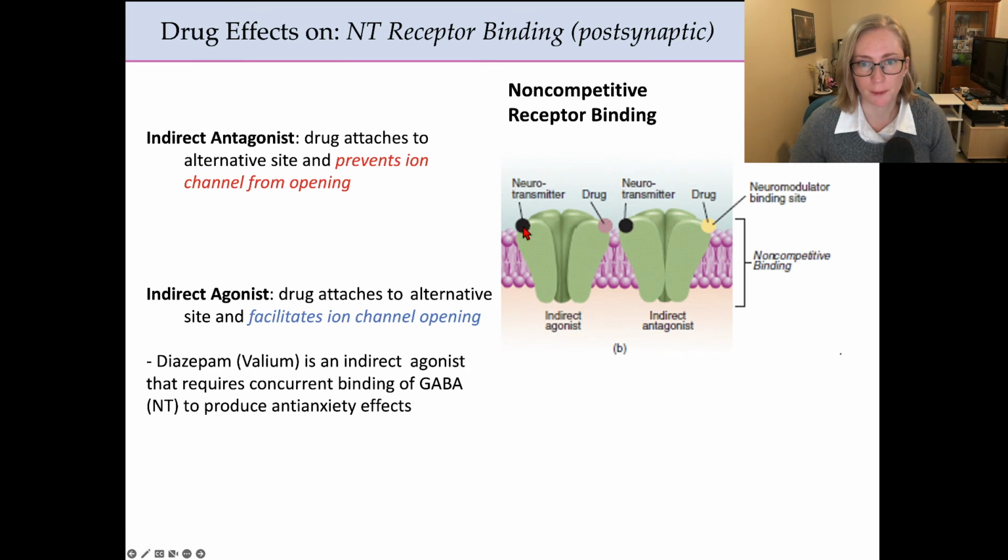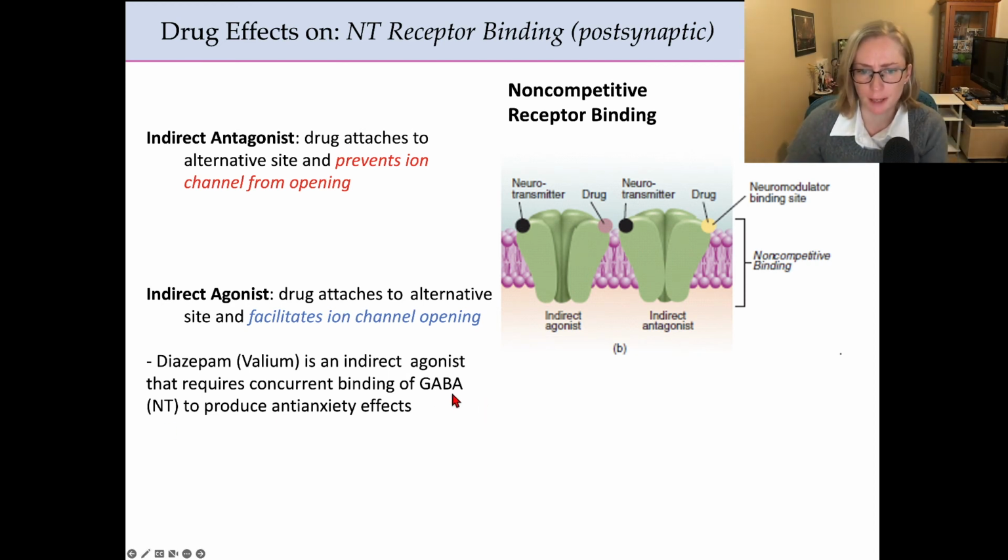So if you have GABA binding and Valium binding, it's going to enhance this effect and keep the channel open longer so that more chloride ions can come in and hyperpolarize the membrane, making it less likely that the next neuron is going to fire an action potential. So IPSP, inhibitory postsynaptic potential. If it's going to help not fire another neuron, this is how you get the anti-anxiety or anxiolytic effects of Valium. It reduces the brain talking to itself so much.